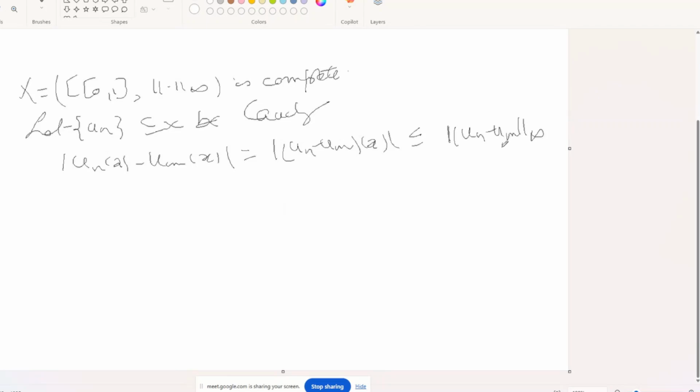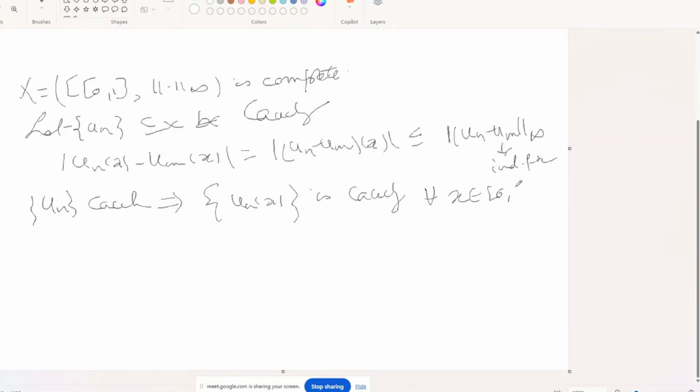This is independent of x. So u_n Cauchy implies that this sequence u_n(x) is Cauchy for all x in [0, 1].